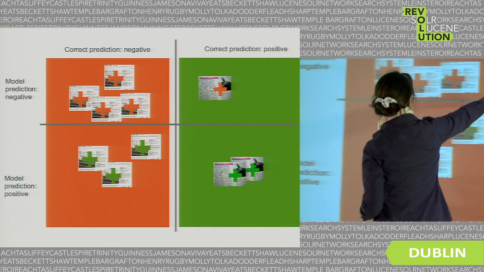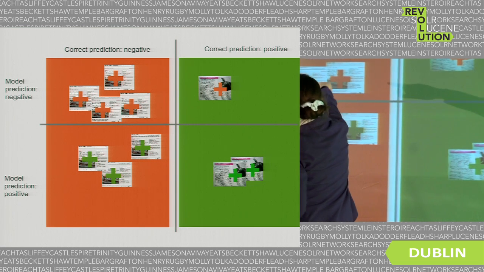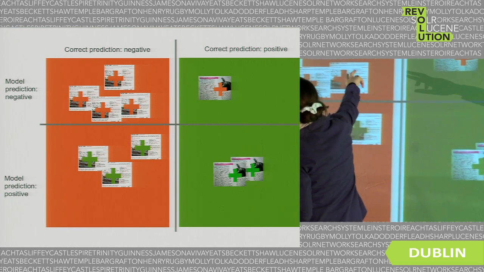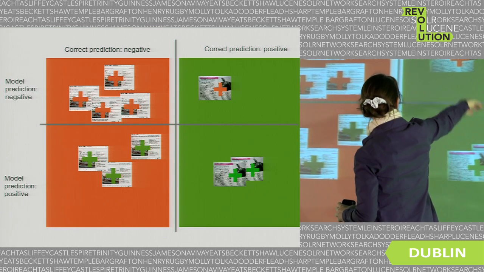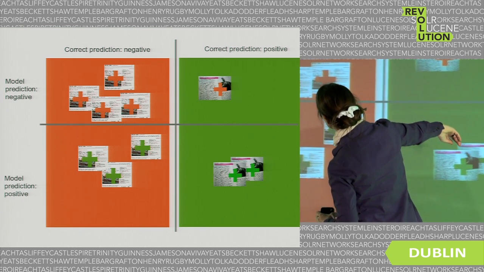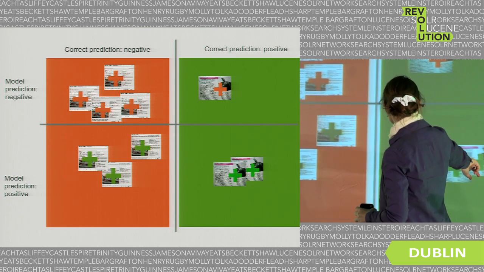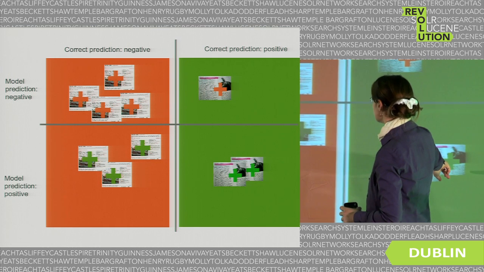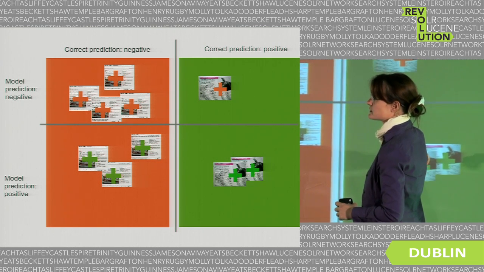Assuming that this is the correct label, the green ones are the correct ones. Everything down here is what was labeled before as correct, and where the classifier said, yep, that's the correct example.